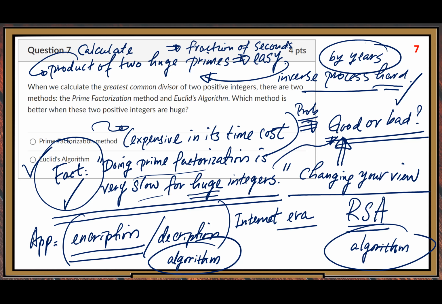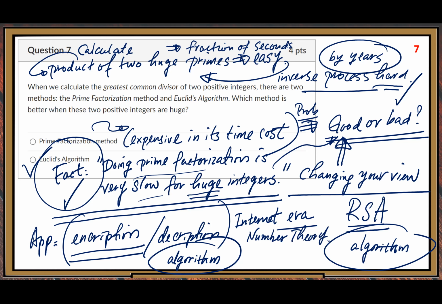Yeah, but this RSA method is based on one famous theorem in number theory. That's why, because they are mathematicians, they're familiar with number theory.